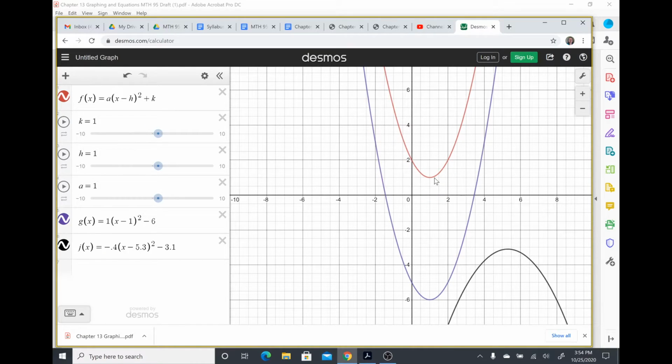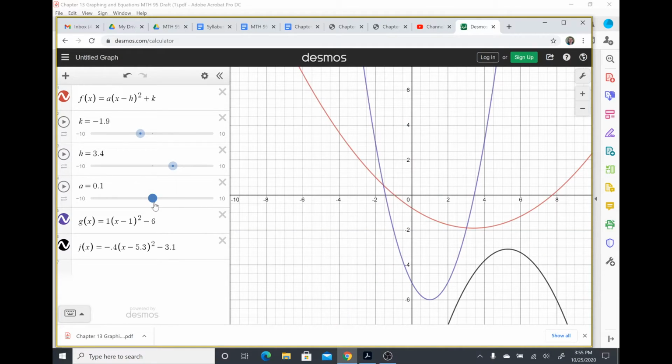We talked about how you can shift things to the left and to the right by adjusting the h, and then the k is the up and down, and a can reflect things.